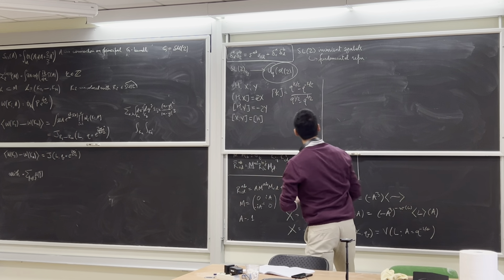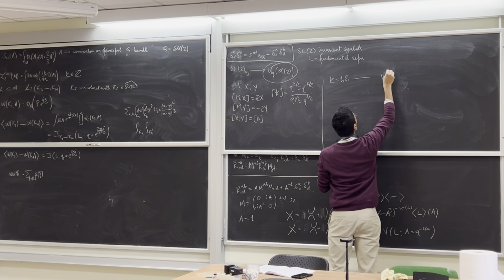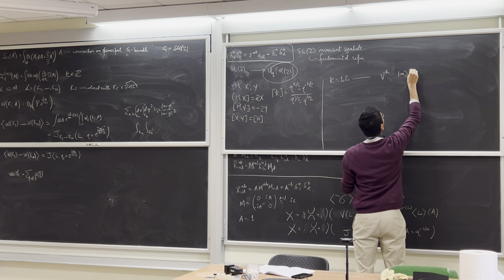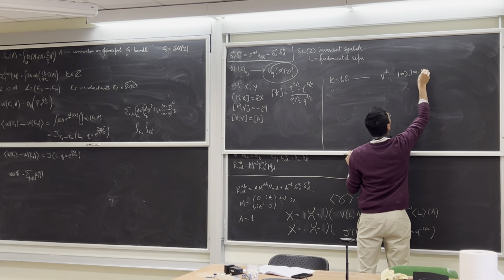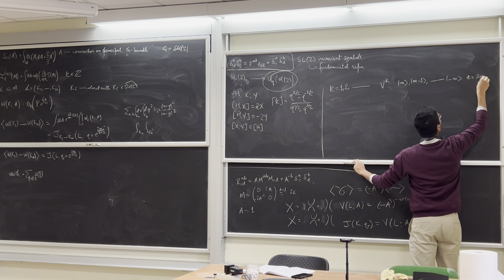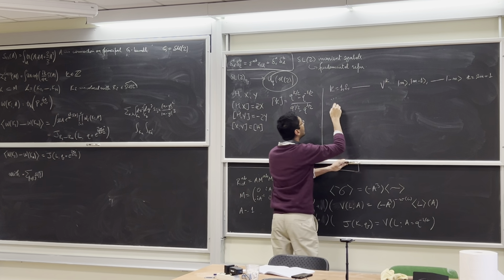And so for each k, there is a finite dimensional complex representation, which is given by, so this has basis there, 2m plus 1, and the representation is given by the following relations.